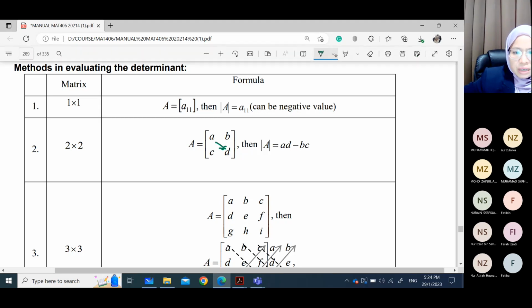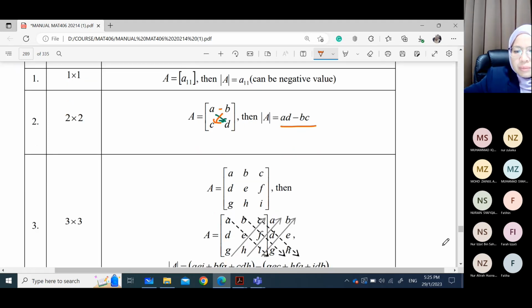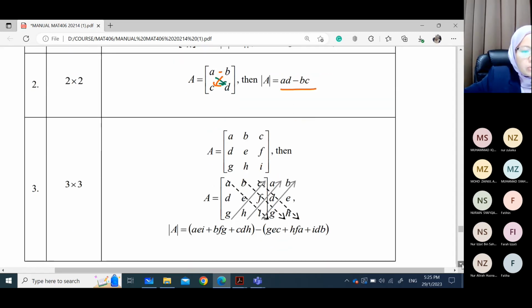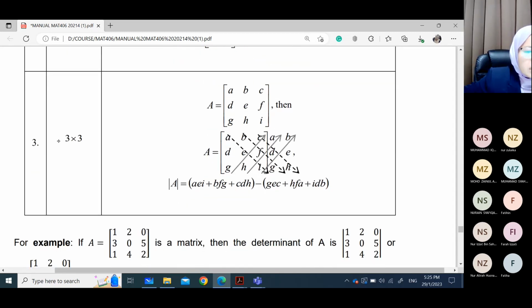AD minuskan dengan BC. Tolak. So ini adalah determinant bagi A. Ini adalah 2 by 2 matrix. So untuk yang 3 by 3 matrix, untuk cari determinant ada 2 kaedah. So kaedah yang pertama adalah diagonal.